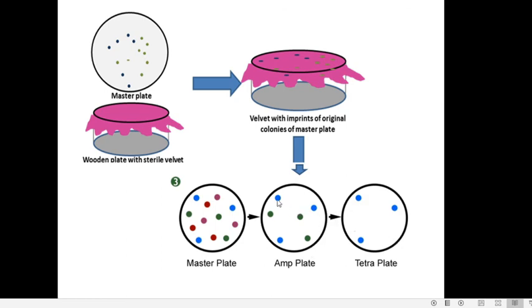The blue ones grow both in ampicillin and tetracycline. They are non-recombinants because they contain the recircularized plasmid. We don't want them. We want those cells which contain the plasmid with the inserted foreign gene, which will be growing in ampicillin but will not be growing in tetracycline. They are these 3. 1, 2, 3.